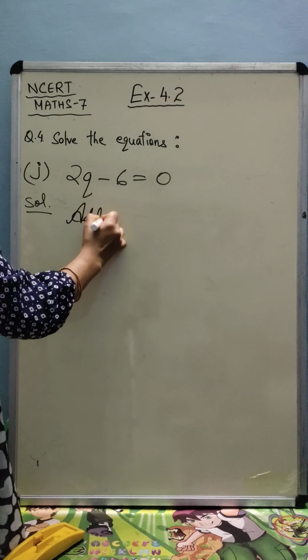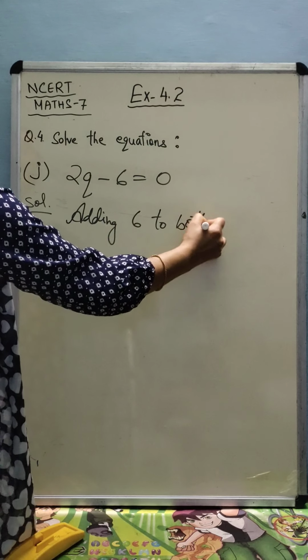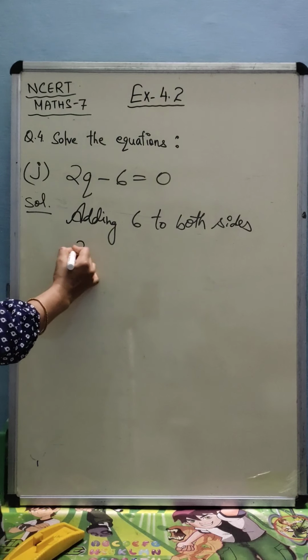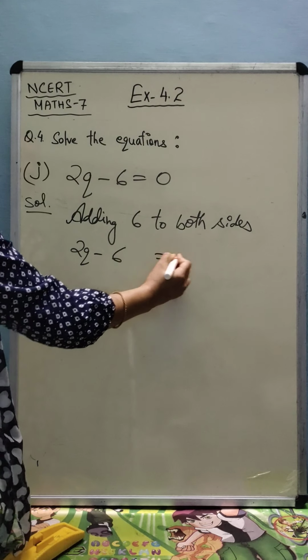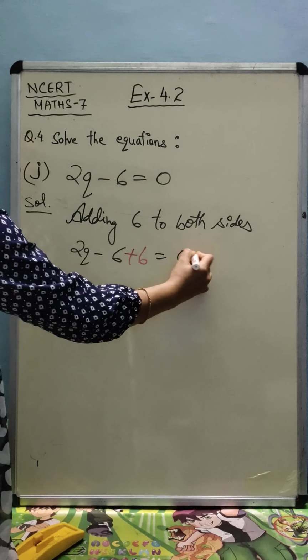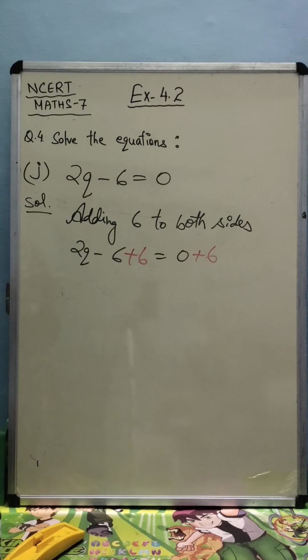So we will write adding 6 to both sides. If we add 6 to both sides, 6 on the LHS and 6 on the RHS also.